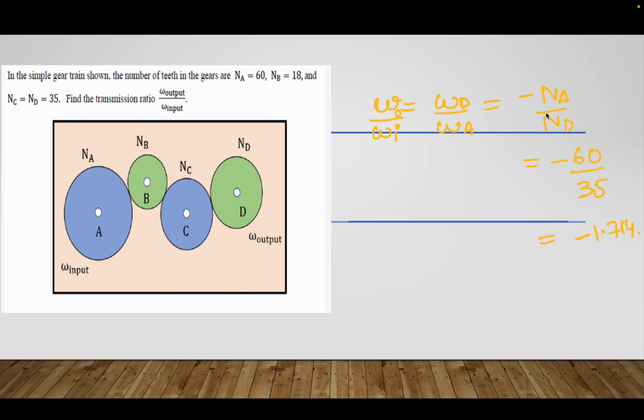That is what the minus sign indicates. This is a relatively simpler question, so you'll do it. It will be minus 1.74.